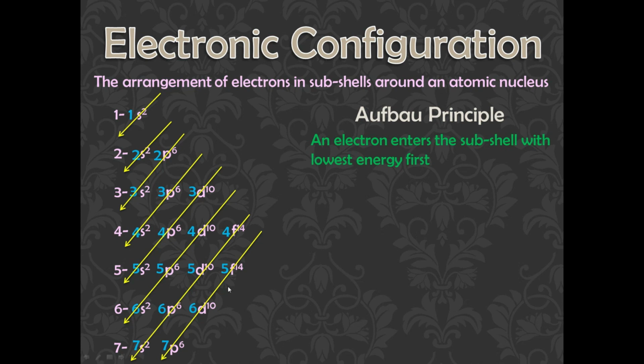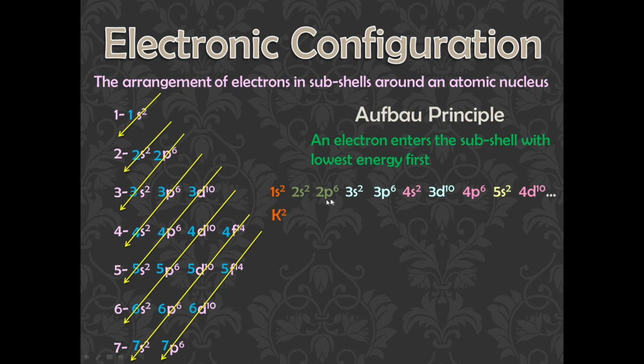After drawing these types of arrows, we will get this sequence: 1s2, 2s2, 2p6, 3s2, 3p6, 4s2, 3d10, 4p6, 5s2, 4d10 and so on. You can write till end. If you see this arrangement, this 1s2 belongs to first shell, that is K shell, because 1 is written over here.